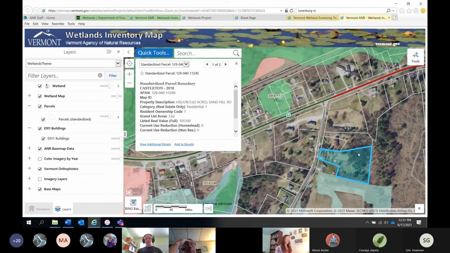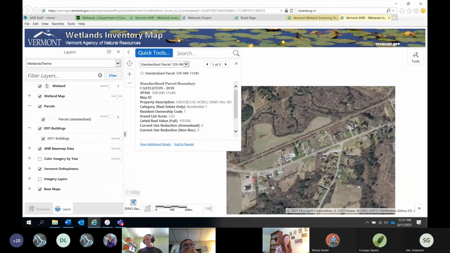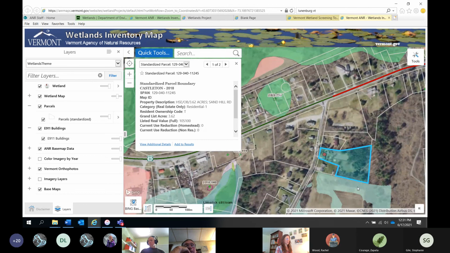So even though this isn't showing something on this particular parcel at this moment that's mapped as wetland, as an ecologist, downloading my brain into this program, this has my spidey senses tingling because there's a wetland right next to it. Wetlands aren't polite. They don't follow parcel and property boundary lines. So it's probably something I should check out.